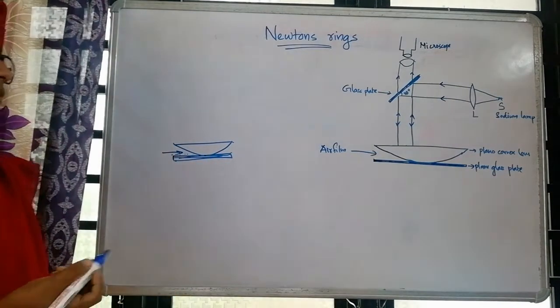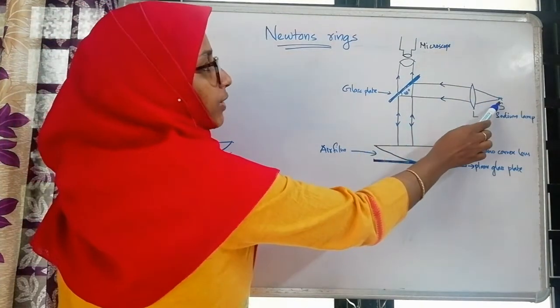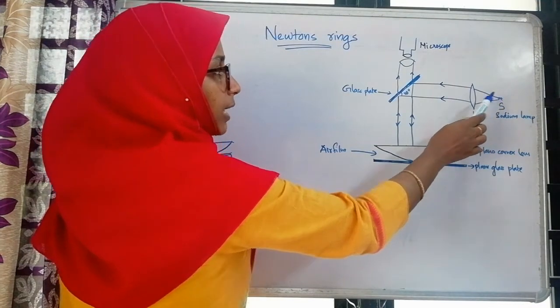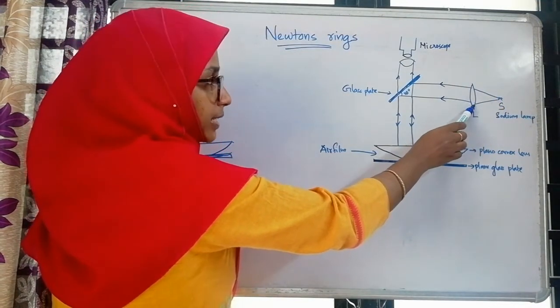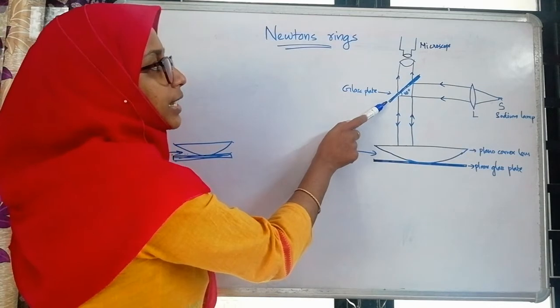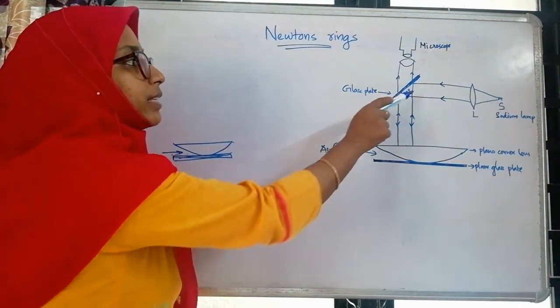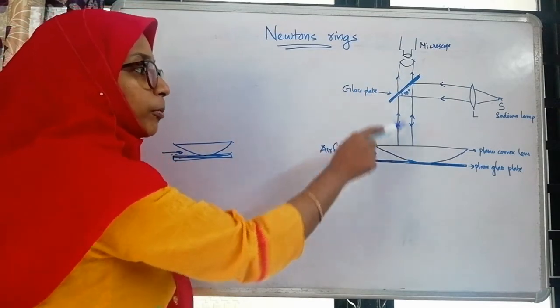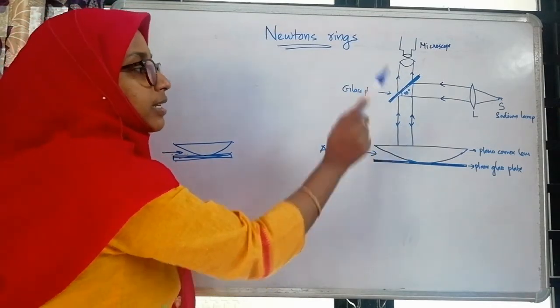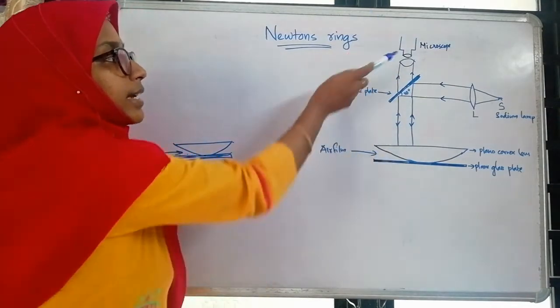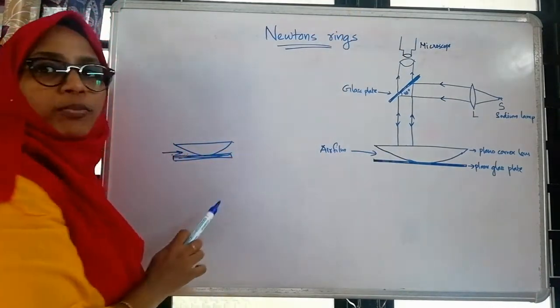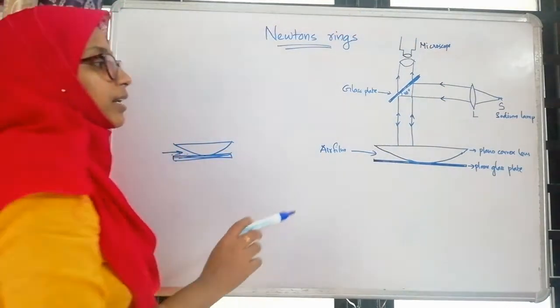Then a monochromatic source of light is placed here, and the light is passing through a lens, and a glass plate is arranged here at an inclination of 45 degrees to make the light fall normally on this convex lens, and then a microscope is arranged here to observe the fringes forming here. These are the experimental arrangements.